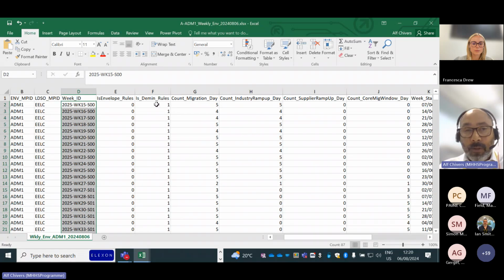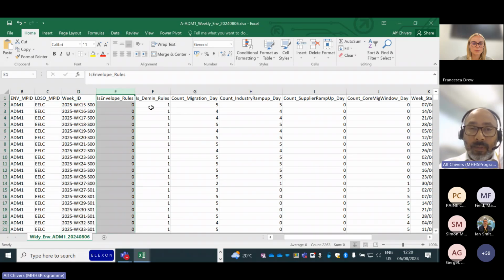So going back to the top, here's the column which is effectively the one that derives that from, as I showed you before: is it a de minimis LDSO, or is the envelope a de minimis envelope for that envelope MPID, in terms of the total number of trading MPANs for that LDSO that supplier has.